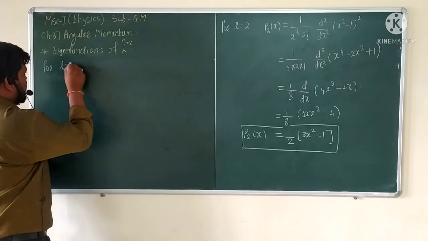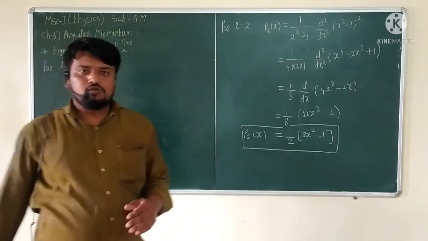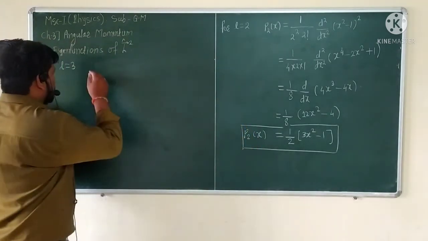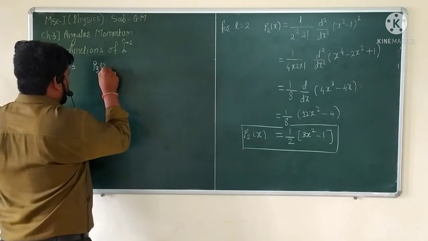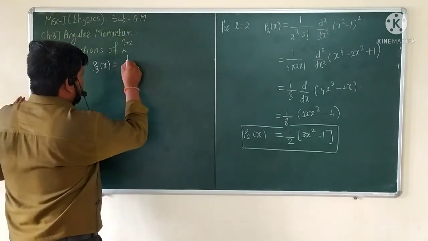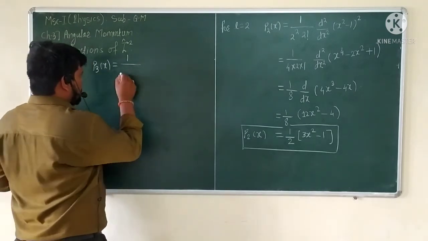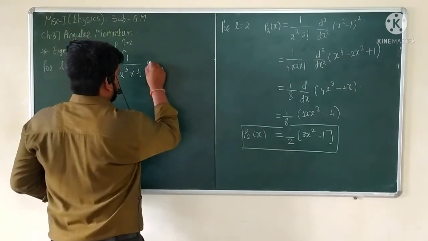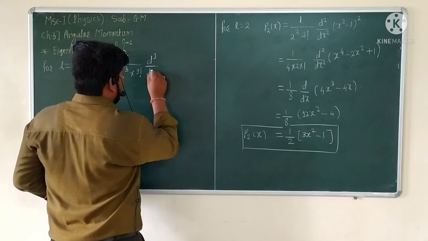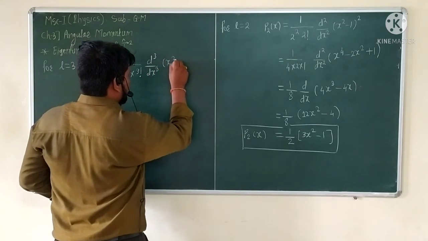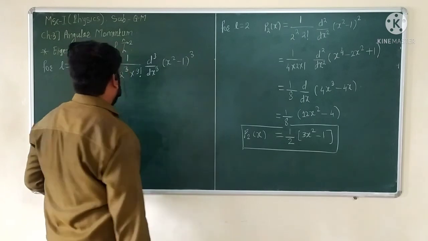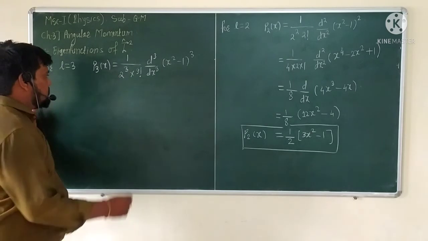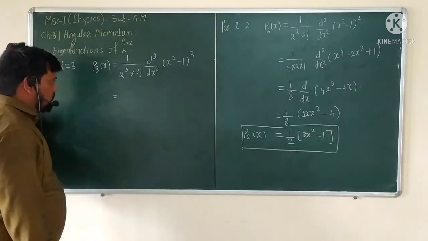For L is equal to 3, we want to express the Legendre polynomial: P3 of x is equal to 1 upon 2 power 3 into 3 factorial into d cube divided by dx cube of (x square minus 1) whole power 3.